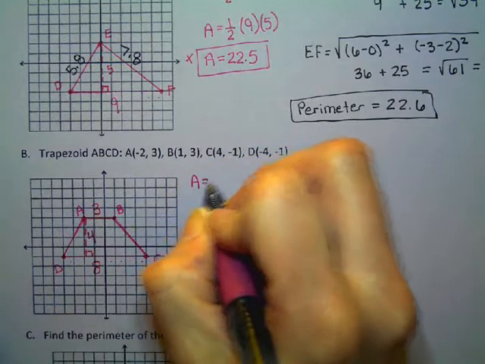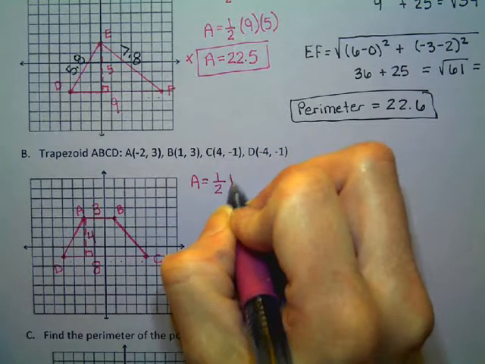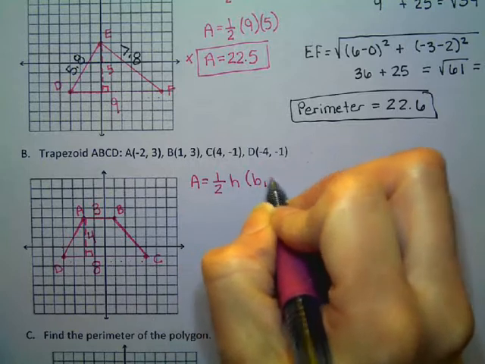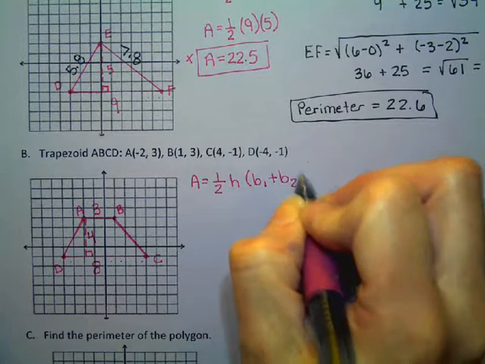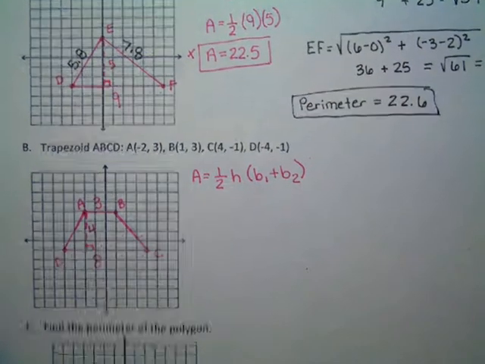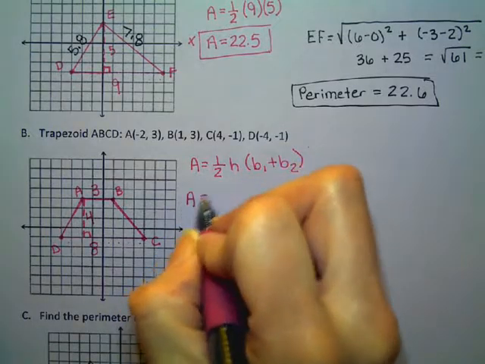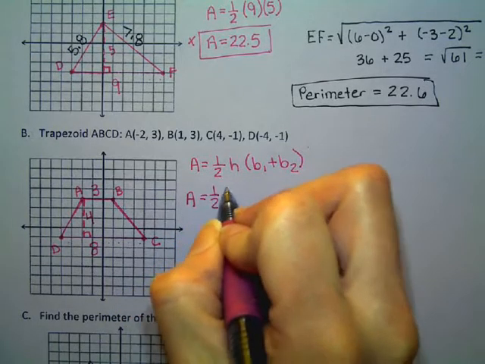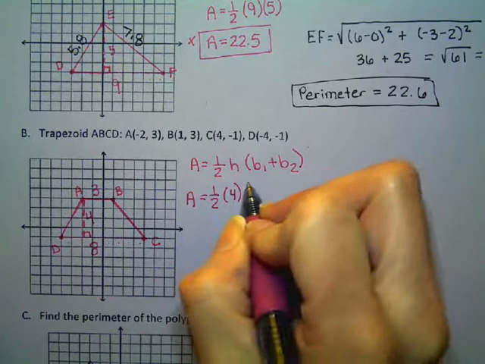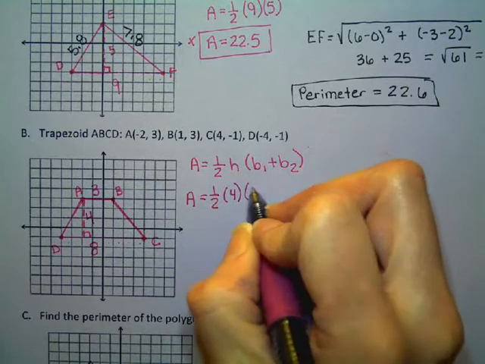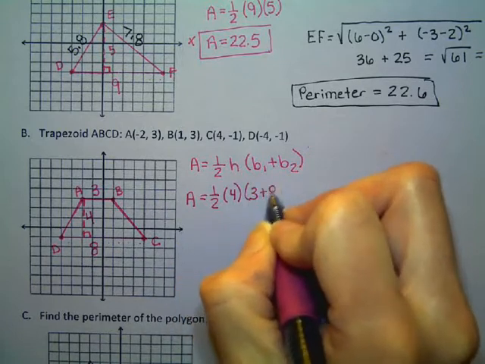So the area formula for a trapezoid is 1/2 times the height, and then base 1 plus base 2. Again, a formula we used last chapter. Going to need to know for this chapter. I'll do 1/2 times 4 times adding my bases together, 3 plus 8.